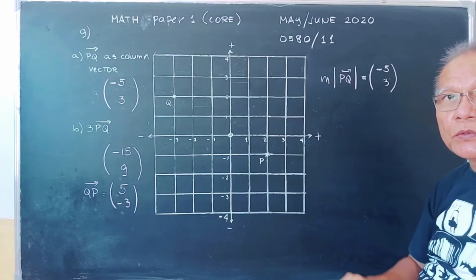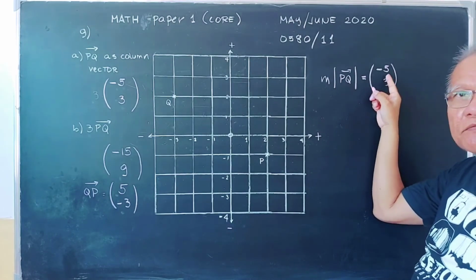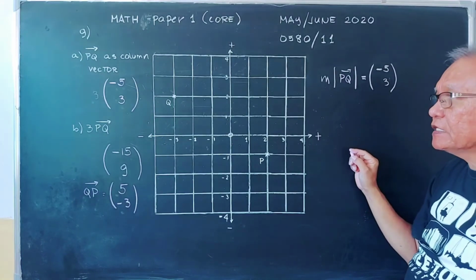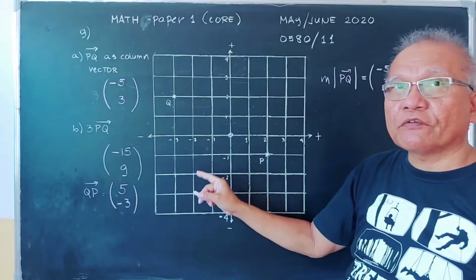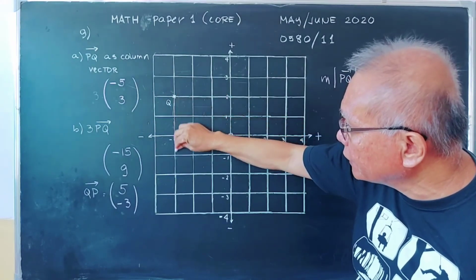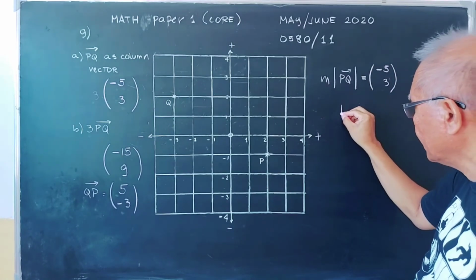So what is the measure of PQ when the column vector is -5, 3? So this is only Pythagorean theorem, because here we will have a triangle. Can you see the triangle here from Q, here, and here?